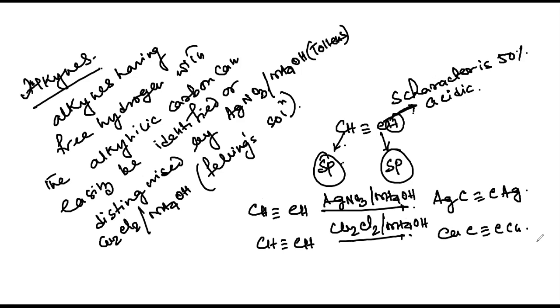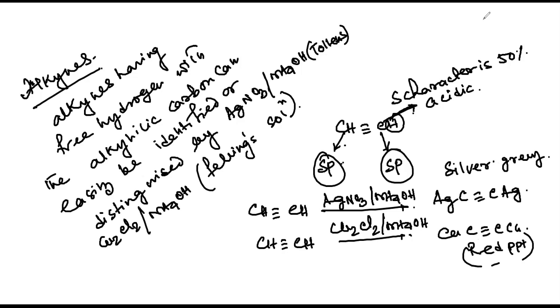So these are the two distinguishing tests of our alkynes. This will give a silver gray precipitate, and this will give you a red precipitate. So these are the precipitates that are formed due to the free hydrogens.